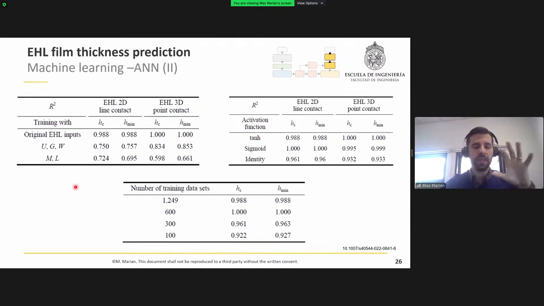Still, the non-dimensional groups have been established for several decades and have been very widely employed.